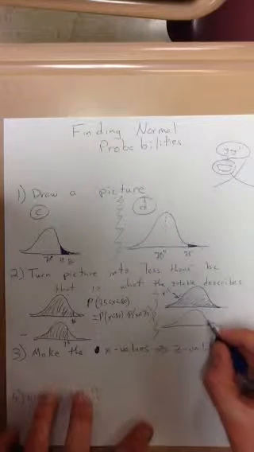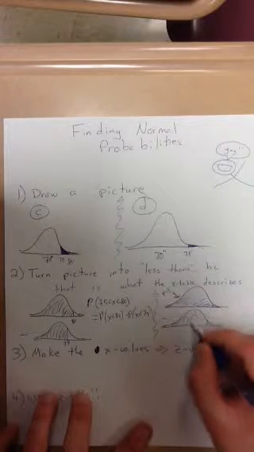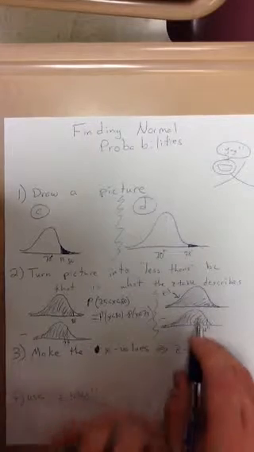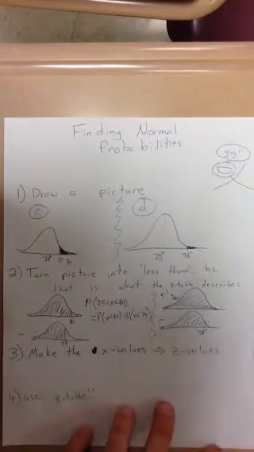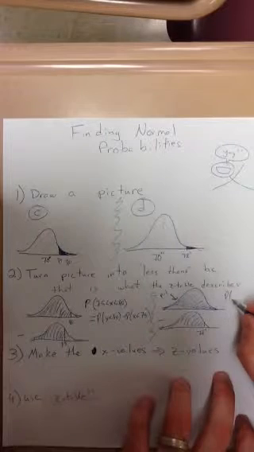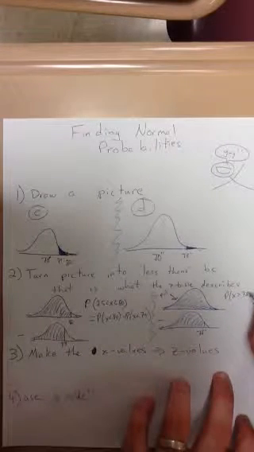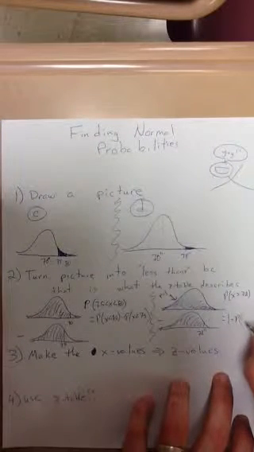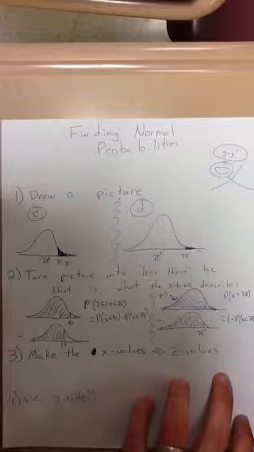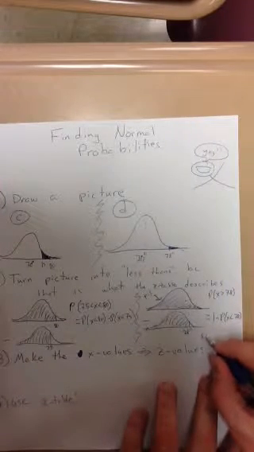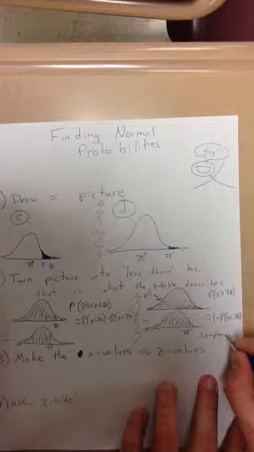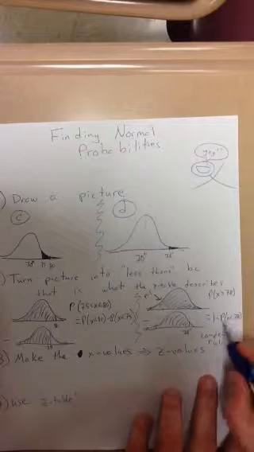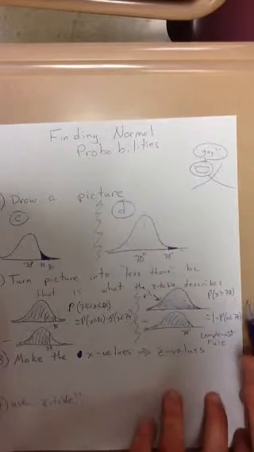Here, now we subtract off everything to the left of 78 inches. Notice how everything in step 2 is shading to the left. So what this is saying is the probability that x is greater than 78 equals 1 minus the probability that x is less than 78. And this should ring ideas of the complement rule, because less than 78 and greater than 78 add up to 1.